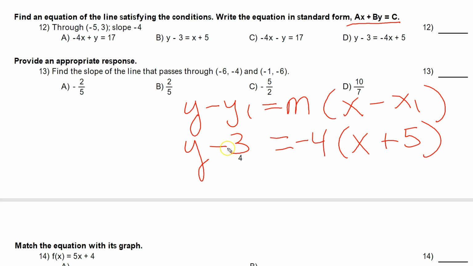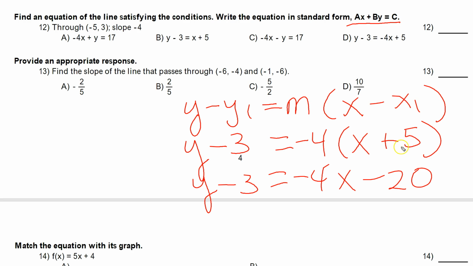And here it's a negative 3, but it was actually a positive 3. So putting it into the formula, because of these negatives here, change the sign. So then we get y minus 3 equals negative 4x, negative 20.